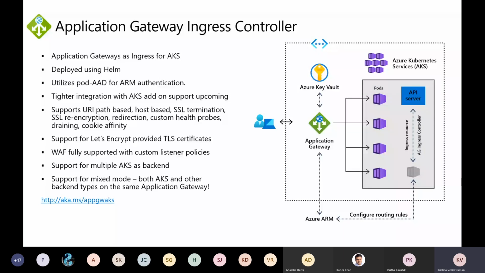Also, there are API gateways, or we have a product called API Management. API Management can be one more layer of managing requests. These are deeper topics, but at this point in time, one takeaway is that Application Gateway can be used with AKS as an Ingress controller.